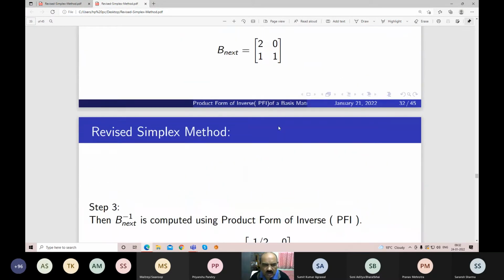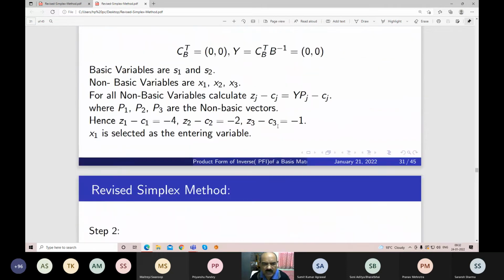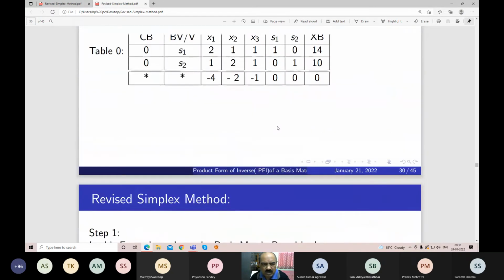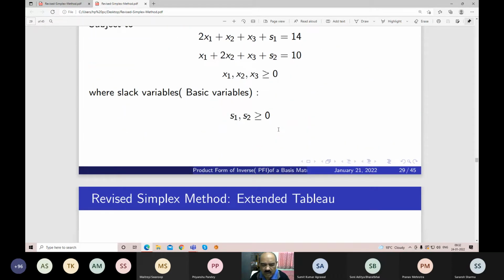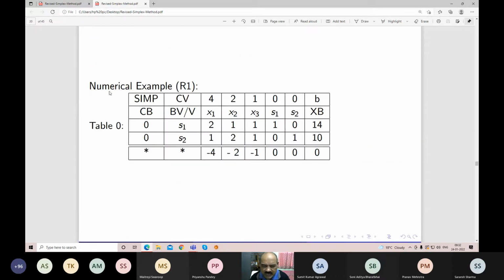Now let us see the summary of what we have done here. With respect to this problem, we are formulating a simplex table. Only one simplex table we are formulating.